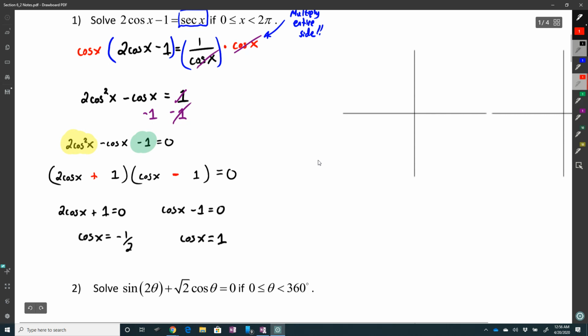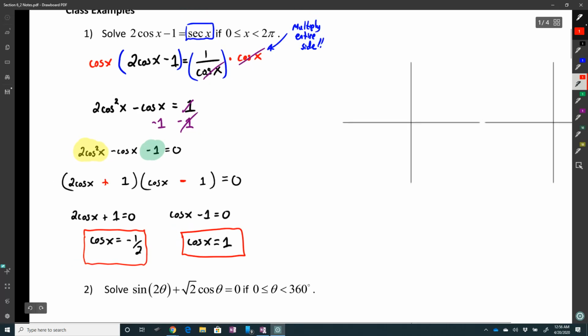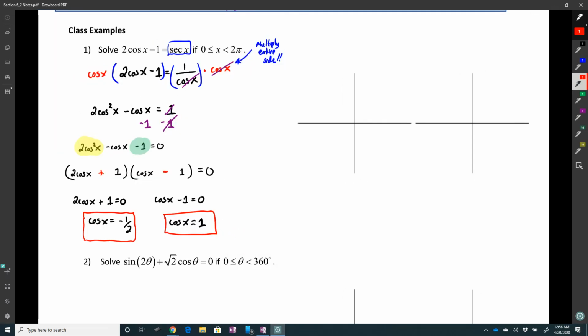So these are my two answers that I'm left with. And this is where we go to our grids. Cosine of x is equal to negative 1/2, and the other one is cosine of x is equal to 1.